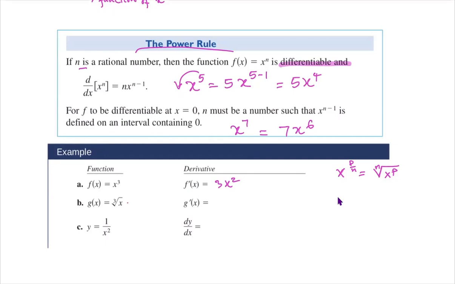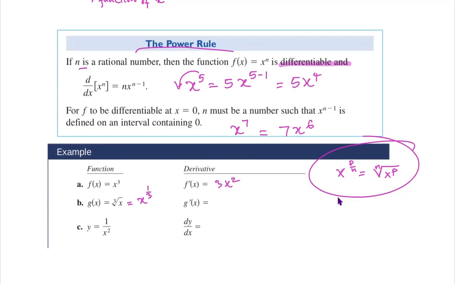So this cube root of x has a power 1 right here, but we don't need to put it. It's automatically going to be x to the power 1 over 3, because the p in this formula is just 1. So the 1 goes on top and the index of the radical goes as the denominator of the exponent. So x to the power 1/3.